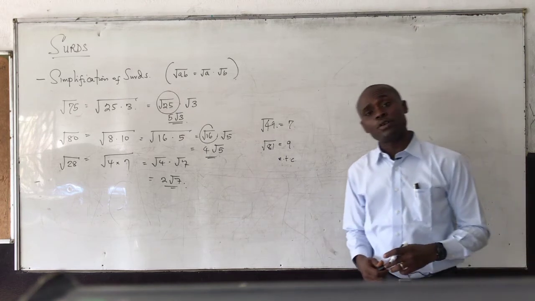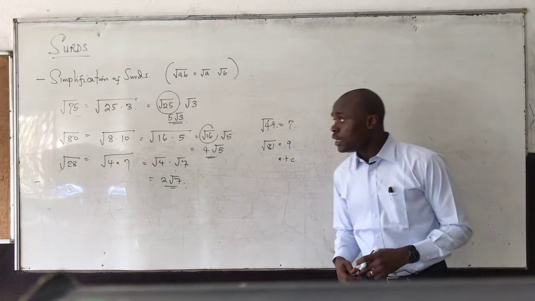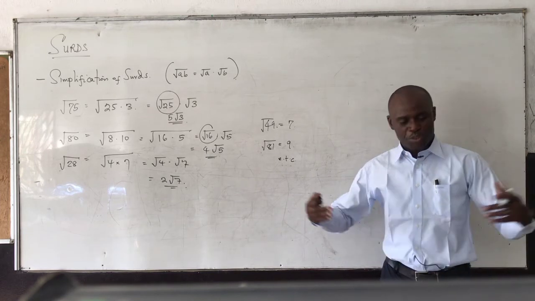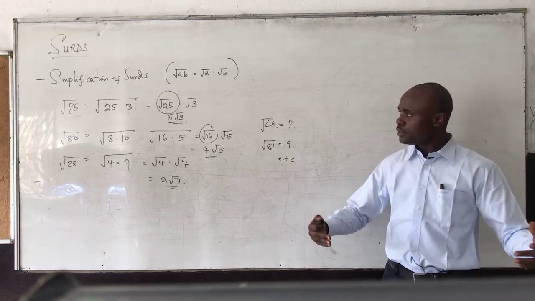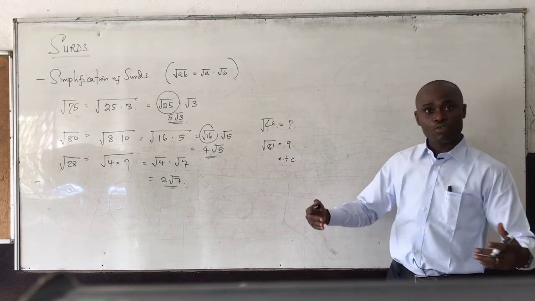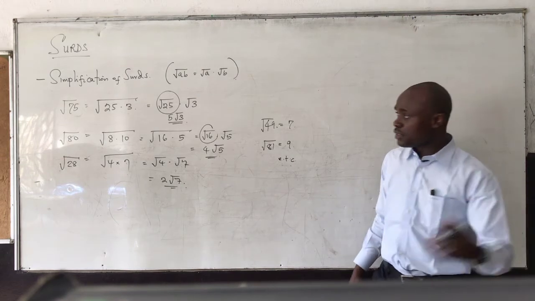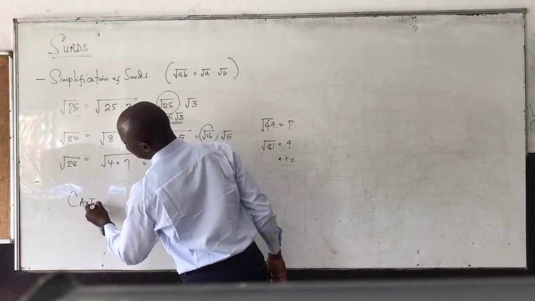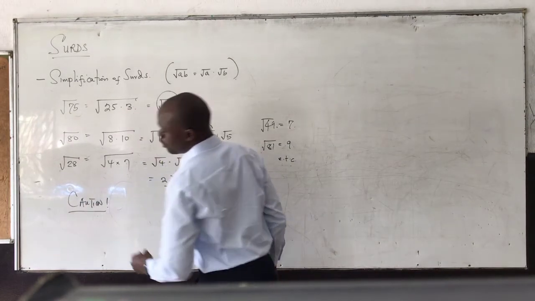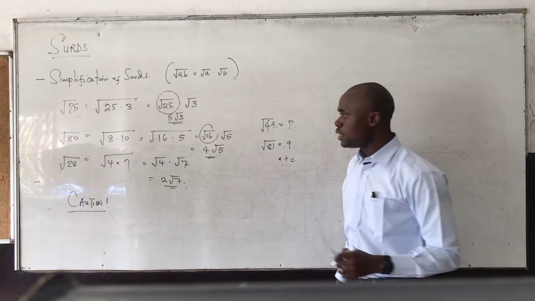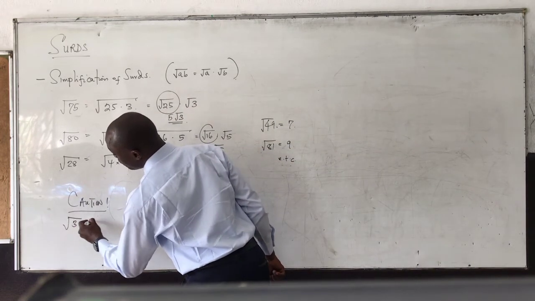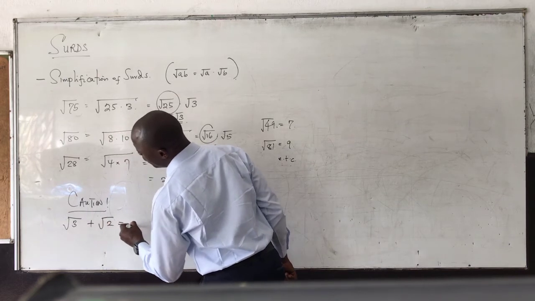But that's not all about simplification of surds. In simplification of surds, we can also manage expressions that have so many surds. But there is a caution. In dealing with surds, there is a caution, and we need to be very careful. You will be tempted to say root 3 plus root 2 gives you root 5.